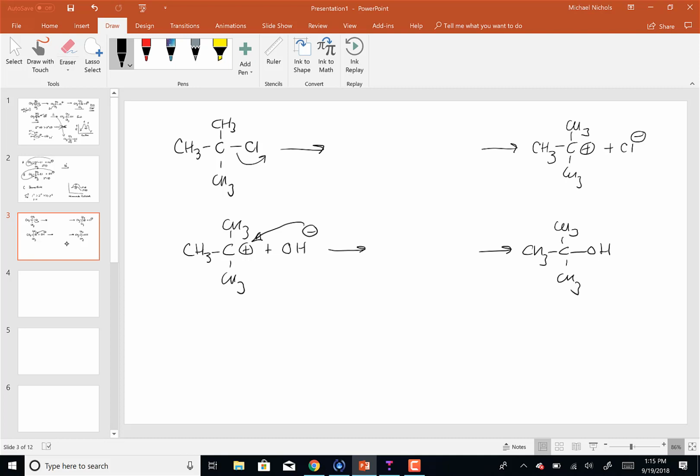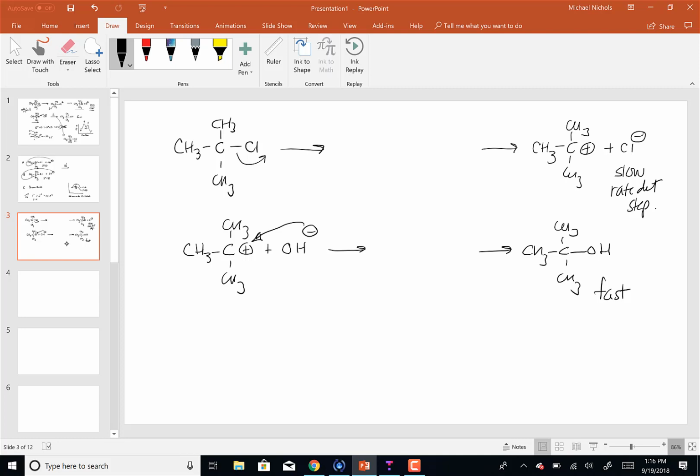The top one? Do we agree? Okay, so this was the slow step, which is also called the rate determining step. And then the second step is relatively fast. So the reaction is going to wait for the formation of carbocation. When we form the carbocation, then the nucleophile immediately adds.